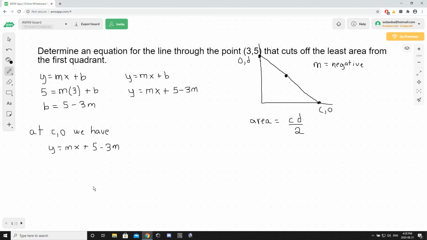As I just said, y at our x-intercept is equal to 0. And the slope, we still don't have that, and we'd like to have it. Now x is equal to c at this point, so this is where I replace x with c, and then plus 5 minus 3m.